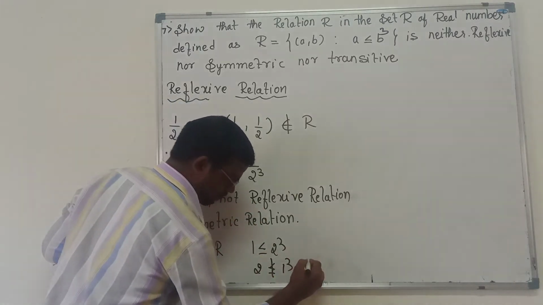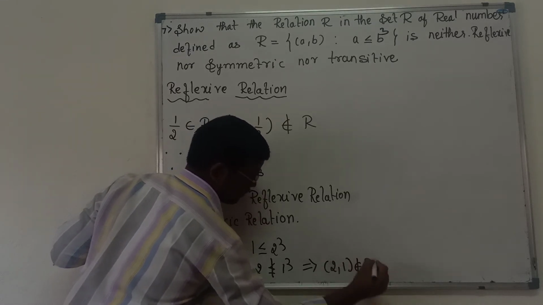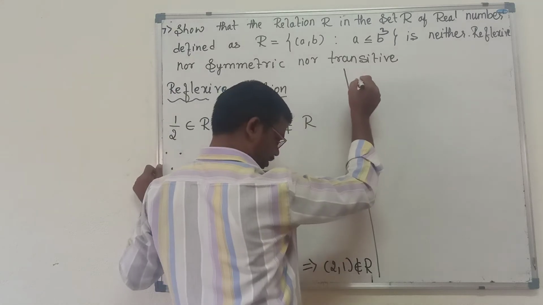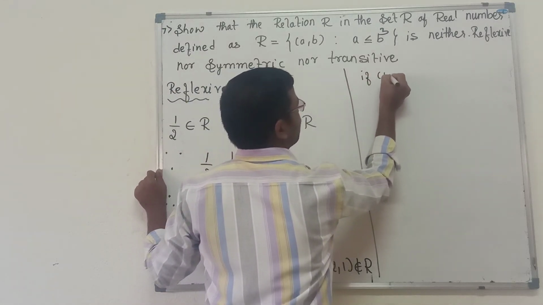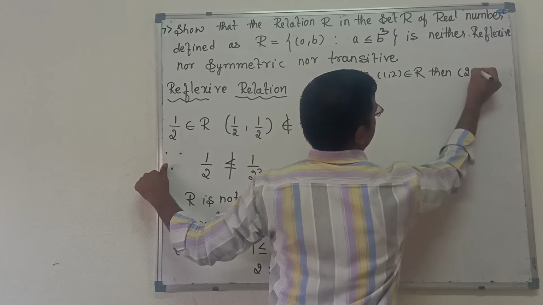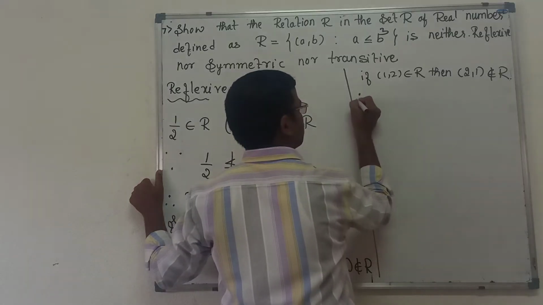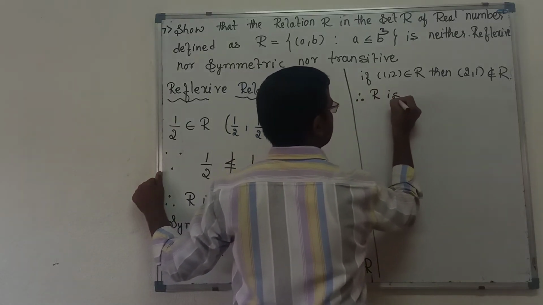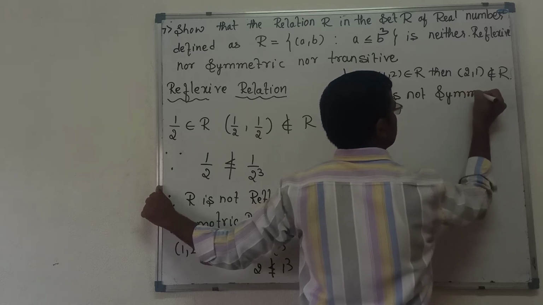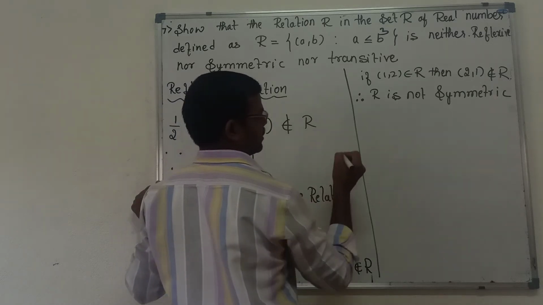So it implies that 2 comma 1 does not belong to R. So here we came to know that if 1 comma 2 belongs to R, then 2 comma 1 does not belong to R. Therefore R is not symmetric.